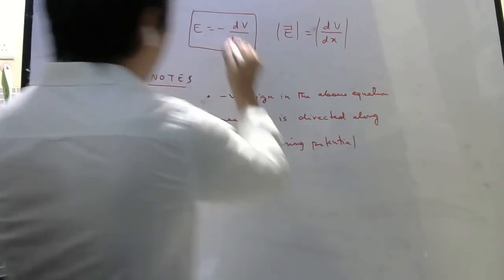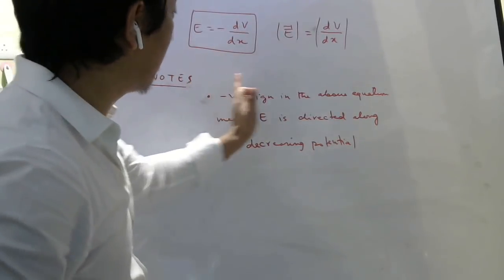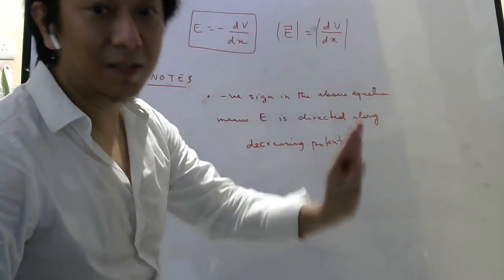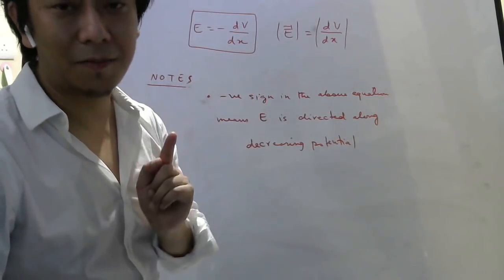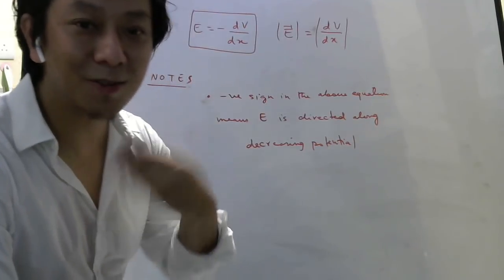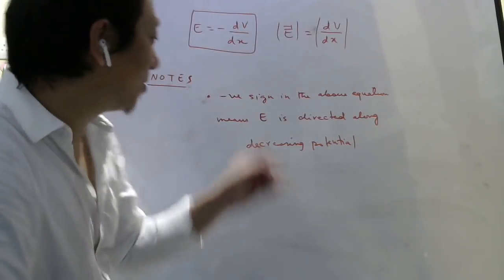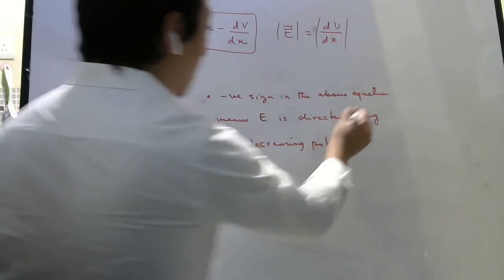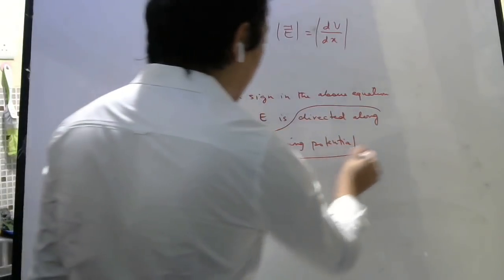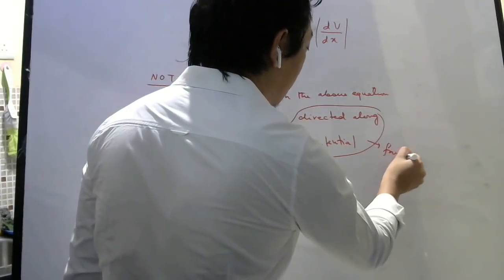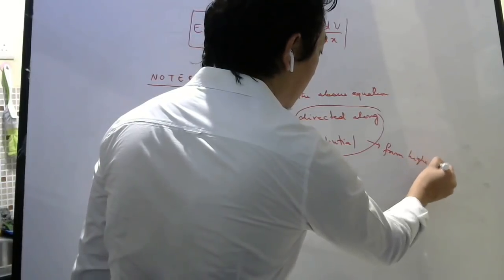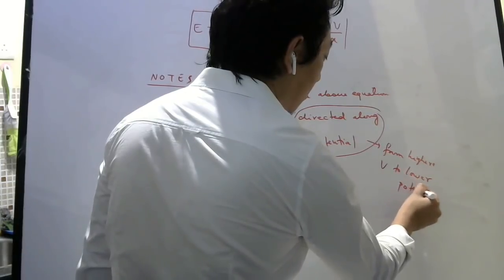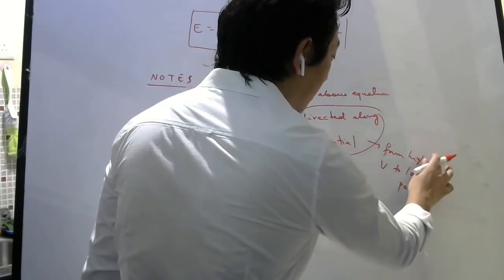So basically this minus sign means as you move along the x-axis, wherever the potential is decreasing, electric field will be in that direction. Matlab, it will be from higher potential to lower potential. Already you know that. Instead of writing this part, you can also say from higher potential to lower potential. Same thing, because it is along decreasing potential.